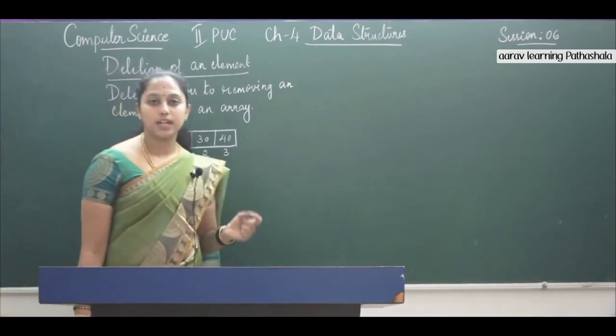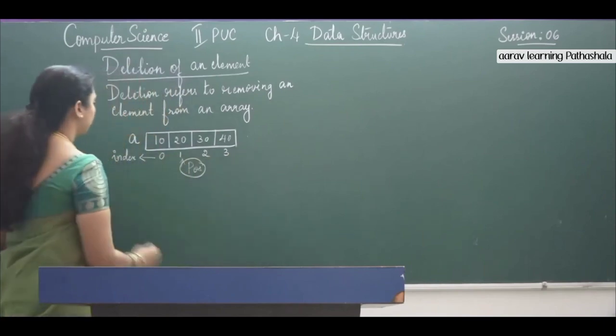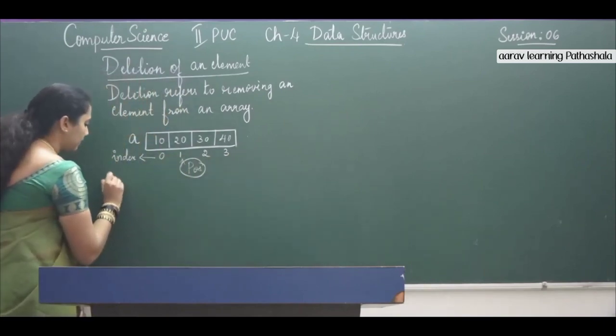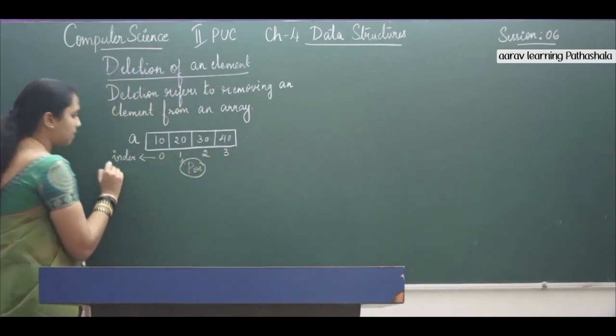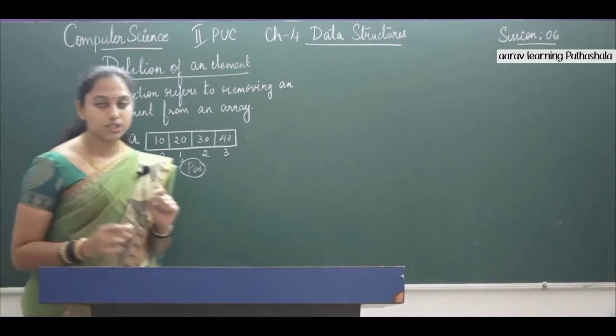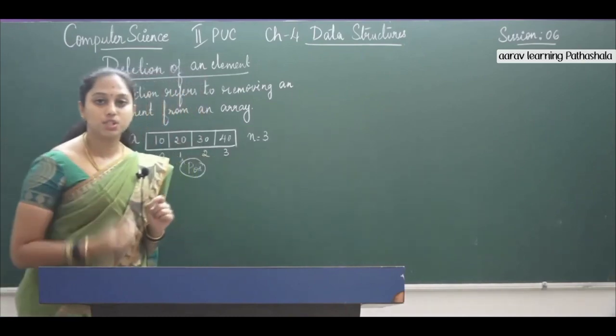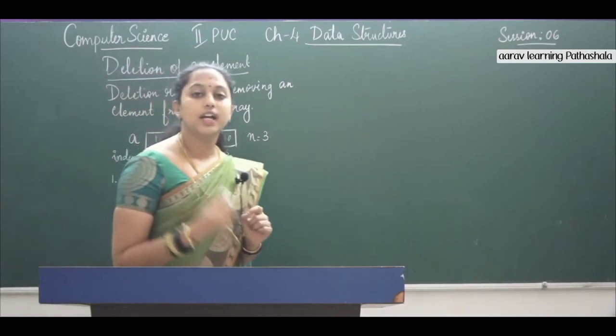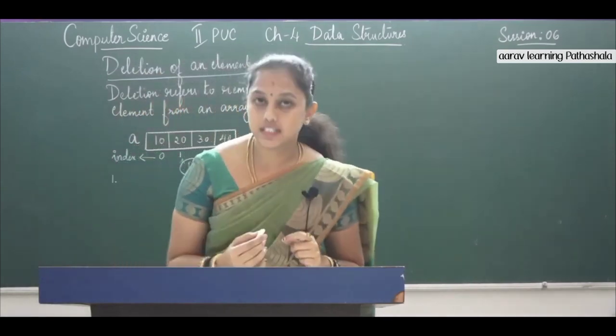So how to remove an element? What are the steps we have to follow? First we have to get the position from where the element has to get deleted.